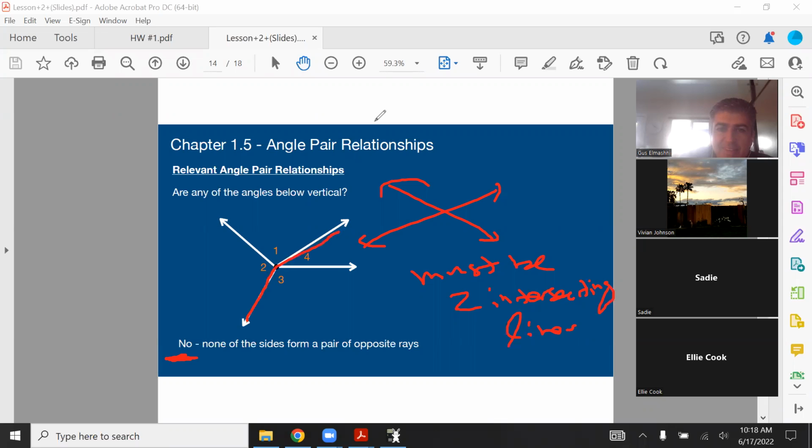That's not straight. So none of these angles are going to be vertical. So it has to be two pairs of opposite rays, right? So you have that, and you have that. But also you can think of this as one line, and that's another line. You can think of it like that as well.